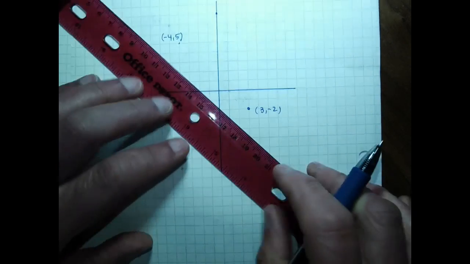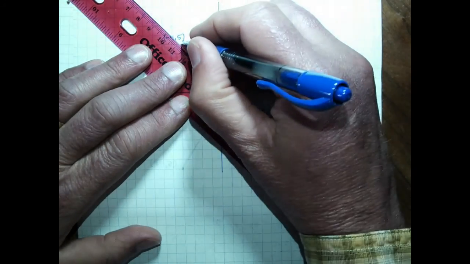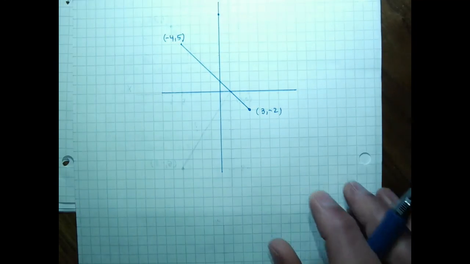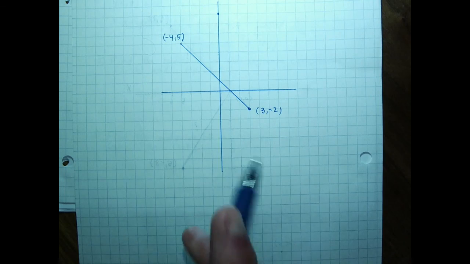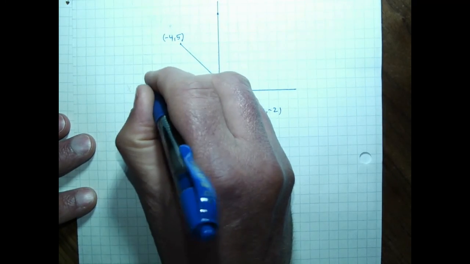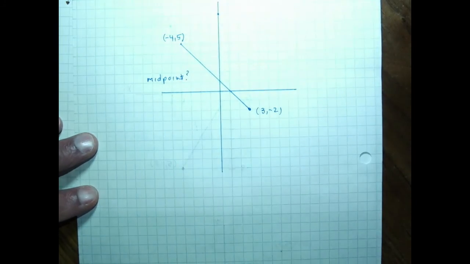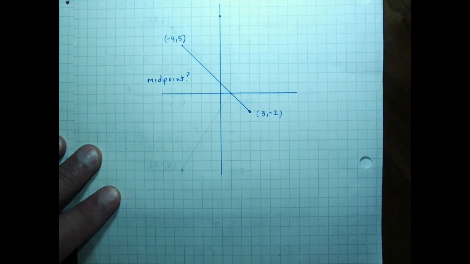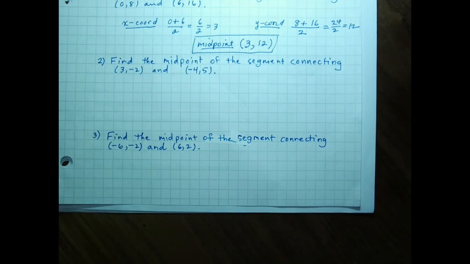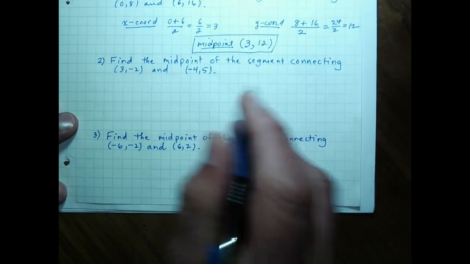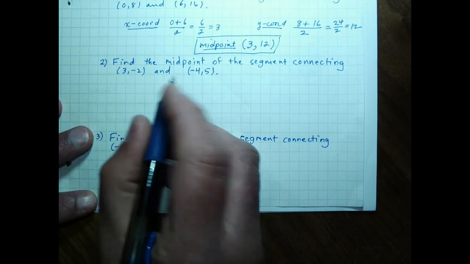So if we imagine connecting those two points up, we're trying to find the halfway point between those two. Where's the midpoint? I just want you to think a little bit about it. It's probably not even that hard to eyeball it on this picture, but it's neat that these calculations work just fine even if negative numbers are involved.